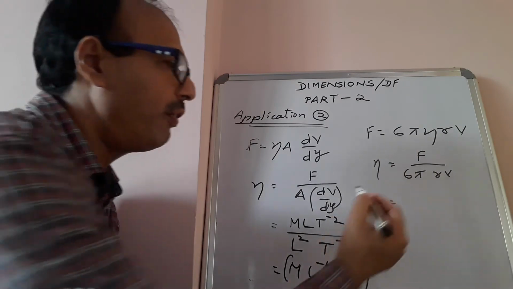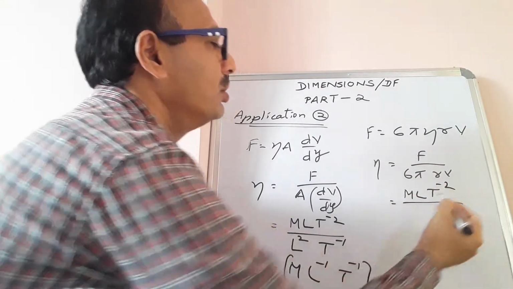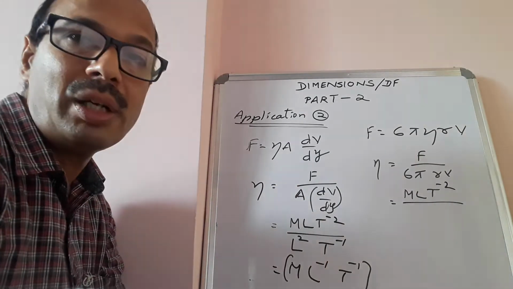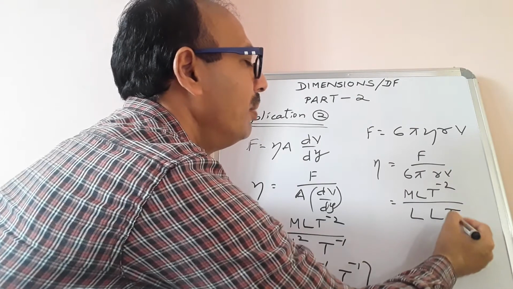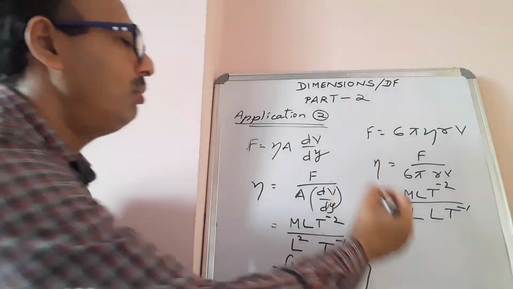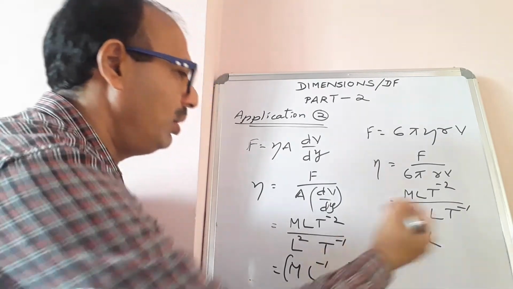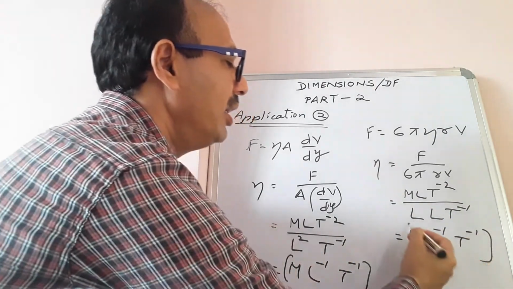Dimension formula of force is M L T power minus 2, R is radius, that is length only, velocity L T power minus 1. So as a whole we will get the same M L power minus 1 T power minus 1.